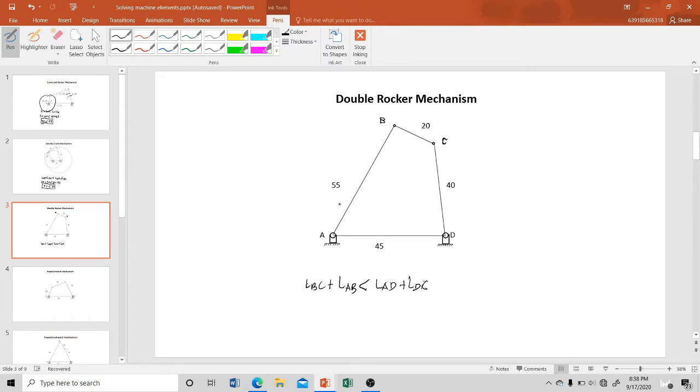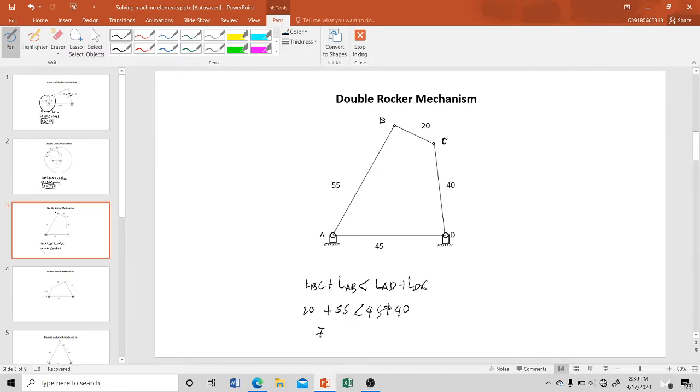So length AB 55 plus length BC, length BC is 20 plus 55. Length AD 45 plus length BC is 40.